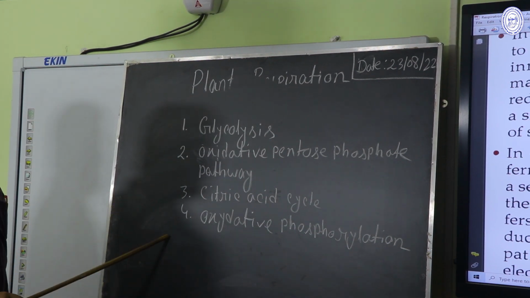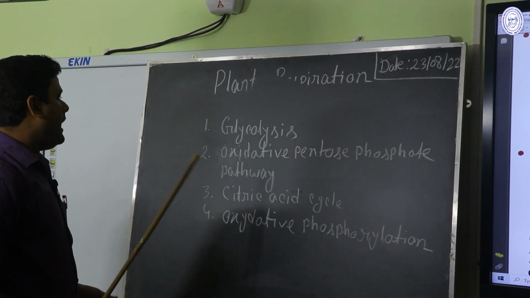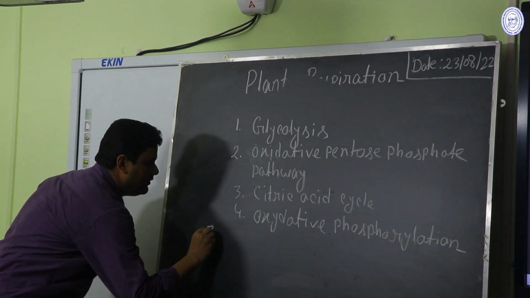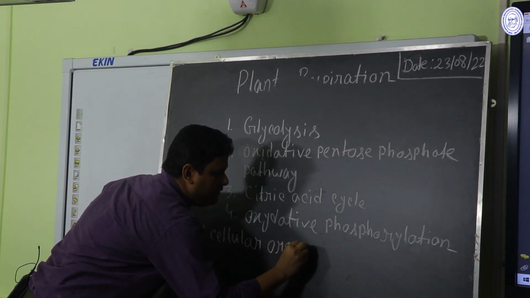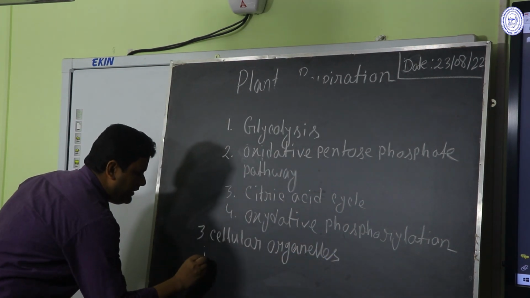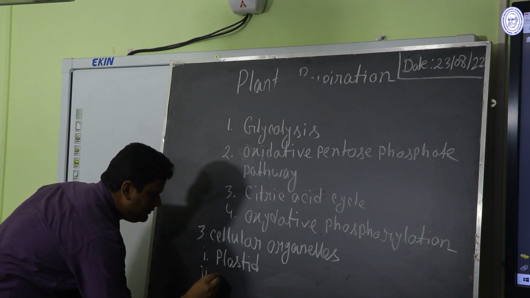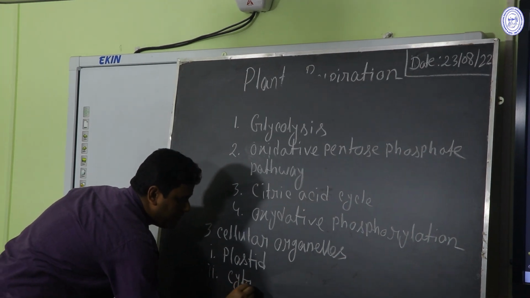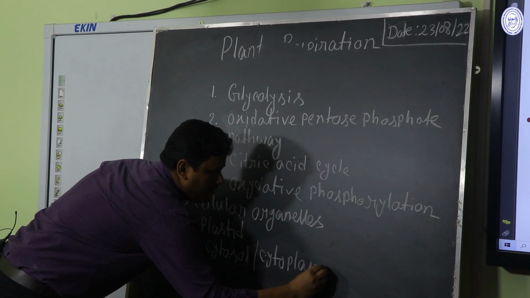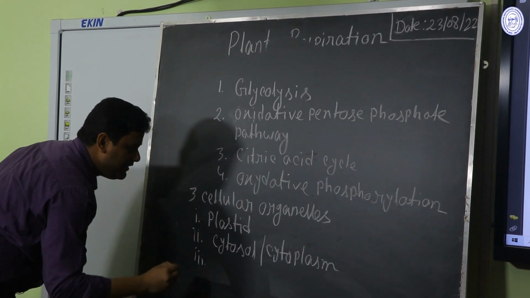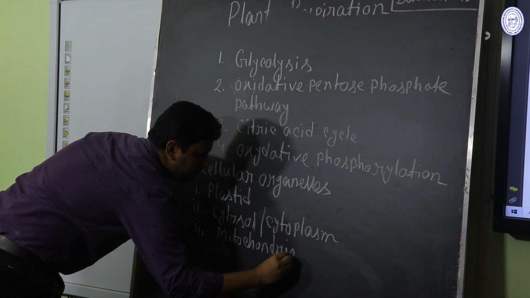So these are the four basic reaction steps through which plant aerobic respiration happens, and in three cellular organelles: one is plastid, second one is cytosol or cytoplasm, and third one is mitochondria.